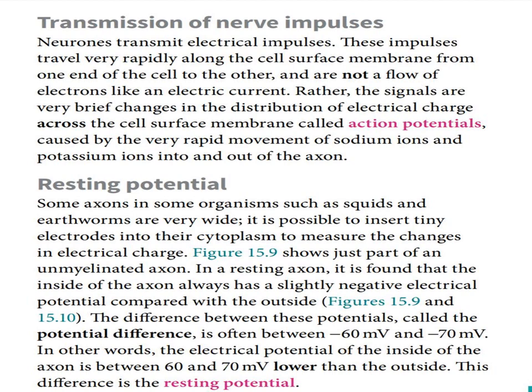How is the information transferred from within a neuron, and also from one neuron to the other neuron as well. For your information, let's start with resting potential.